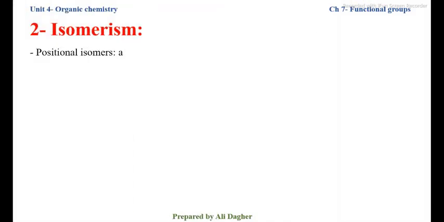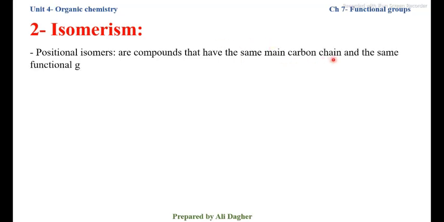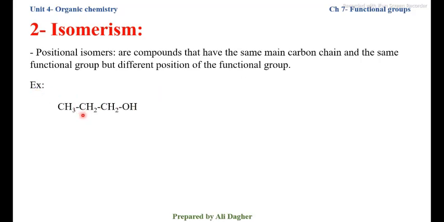Second type, positional isomers, are compounds that have the same main carbon chain, same functional group, but different position of the functional group. Example, CH3CH2CH2OH and CH3CHOHCH3.